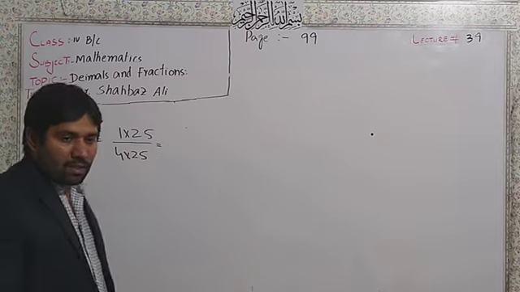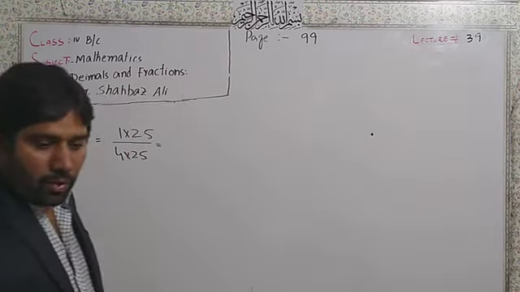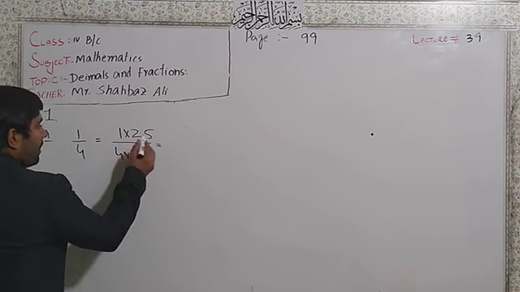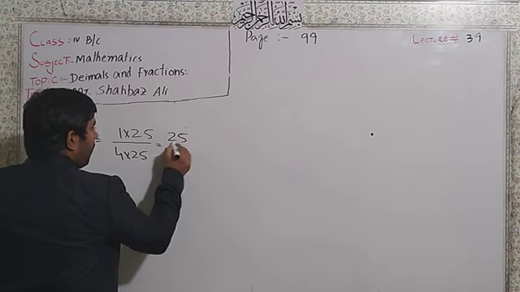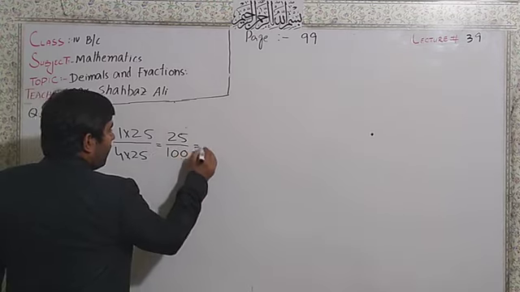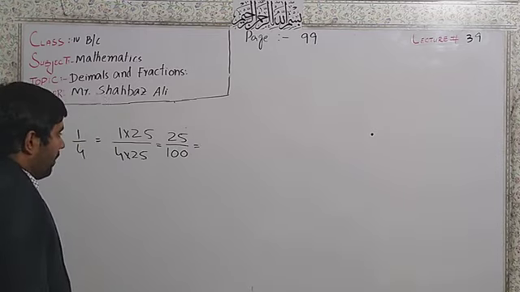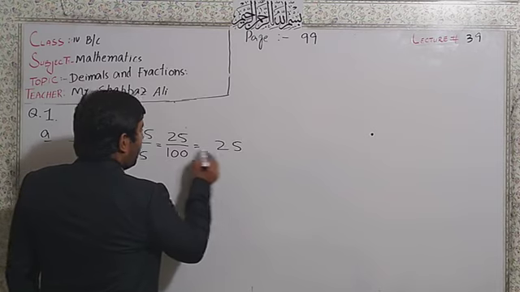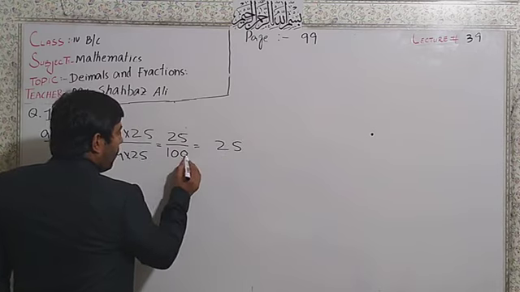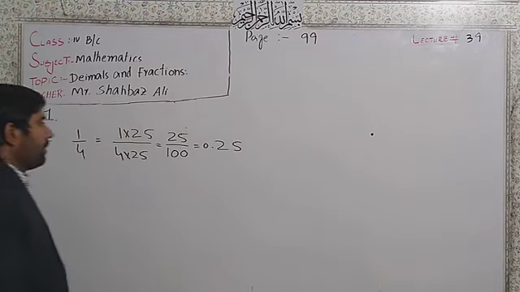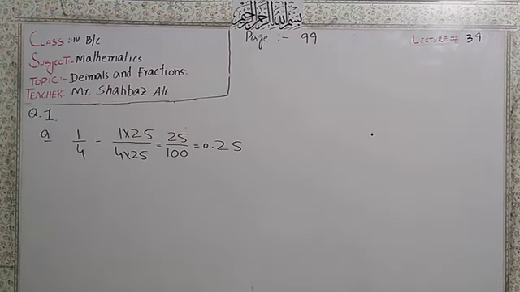So 1 times 25 is 25 over 4 times 25 is 100, and then we change into decimal. 25 has 2 digits, put the point here, and this is 0.25, the answer. Very easy.